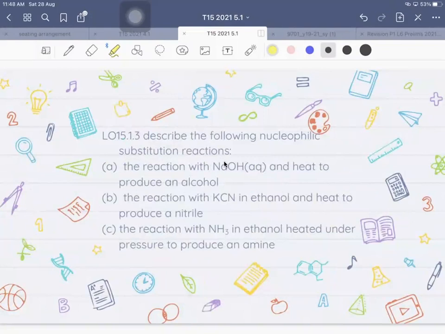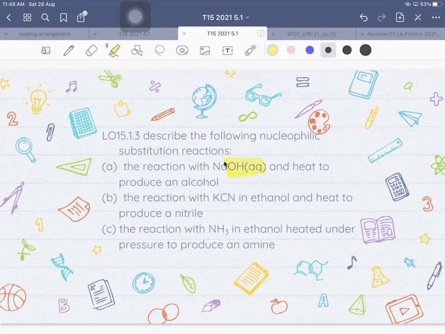The next learning objective is to describe the following nucleophilic substitution reactions. So we're now using different reagents, okay? So reaction with sodium hydroxide is basically when your hydroxide is your nucleophile. You can use sodium hydroxide or potassium hydroxide as a source of your hydroxide ions, and to produce alcohol.